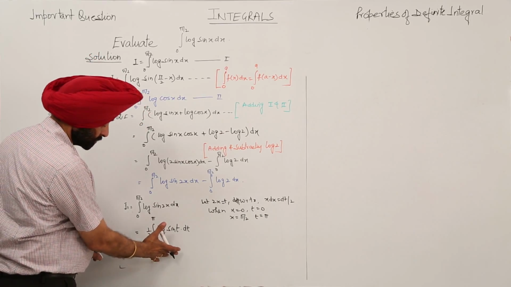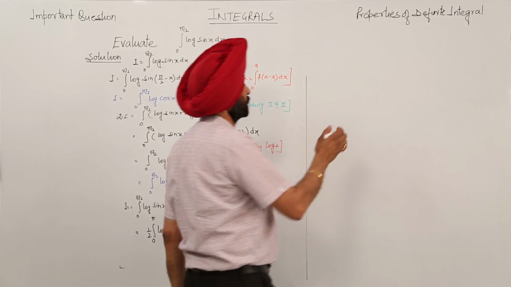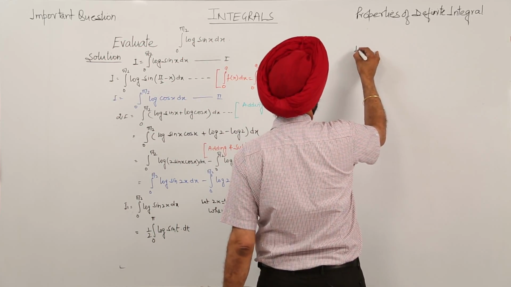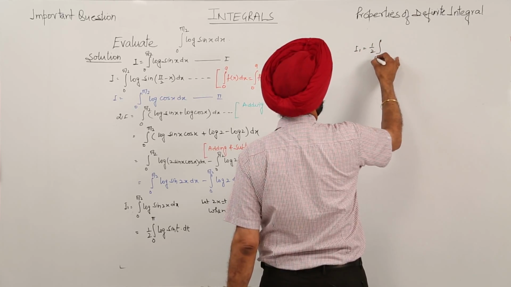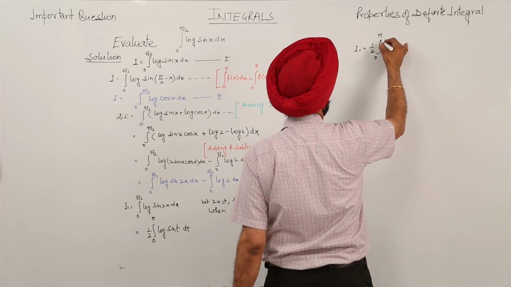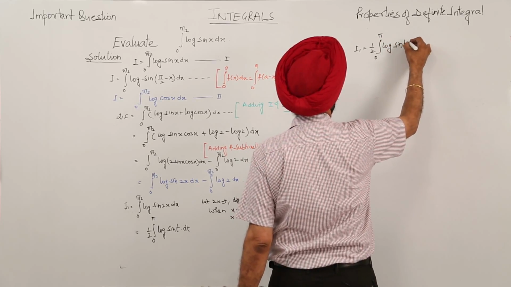Now how we apply the property for this part is the most important thing. We have I1 is equal to 1 upon 2, 0 to pi log sin t dt.